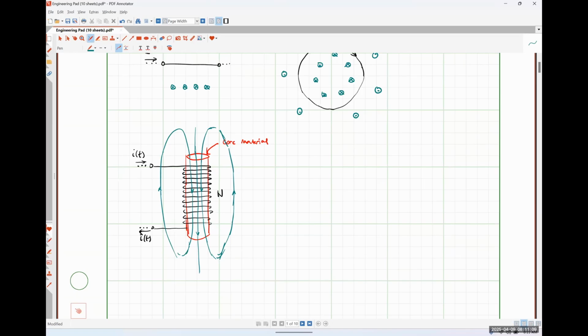So that's type of field. And it's just the amount of magnetic flux that's flowing through any particular surface area. Okay. So this is what's called a solenoidal coil. Okay.